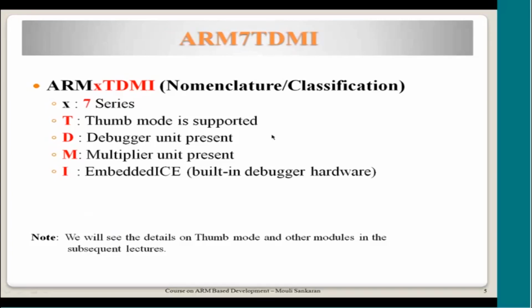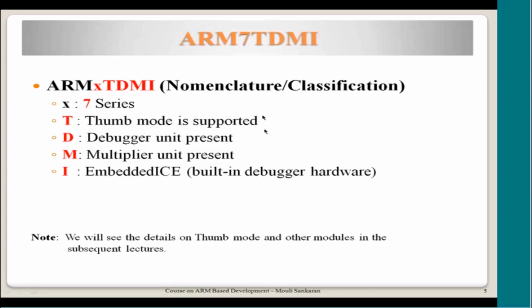This is for compressed code execution, where in an embedded system we have a very high limitation on the memory footprint of the code that we can use. We can go in for Thumb mode where 16-bit instructions are put in the ROM, and that is read by the processor, expanded, decompressed, and then executed in the processor.